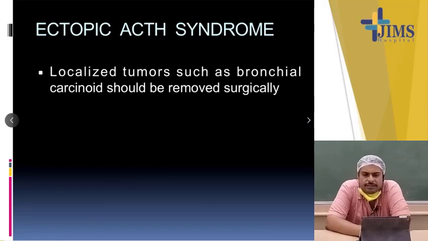In small cell lung carcinoma, the patients are in an advanced stage, it is difficult to treat, and the life expectancy is also very low. But in localized tumors such as bronchial carcinoid, these tumors should be removed surgically. What is most important is the cause of the syndrome. If it is a benign cause, the cause should be treated. But in malignant causes, it's very difficult. Thank you.